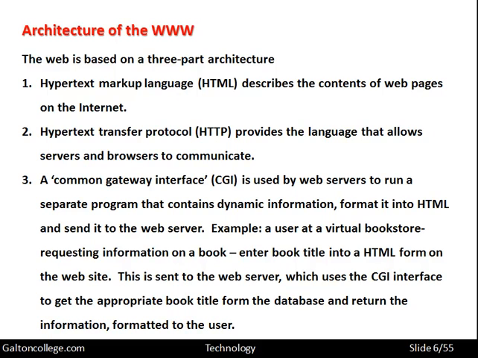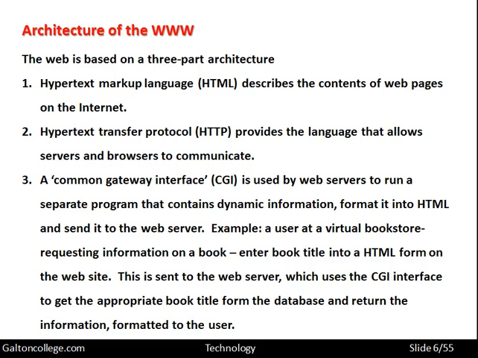There's also a Common Gateway Interface known as a CGI, and this is used by web servers to run a separate program that contains dynamic information. The CGI formats this dynamic information into HTML and sends it to the web server. For example, a user at a virtual bookstore requesting information on a book.